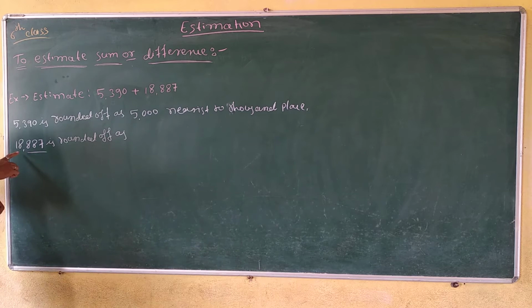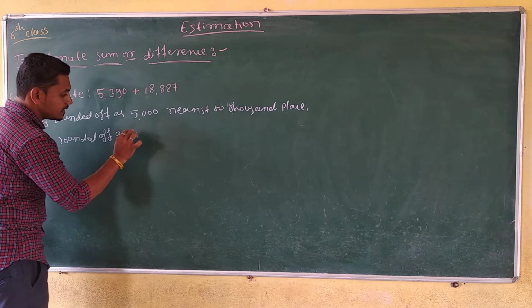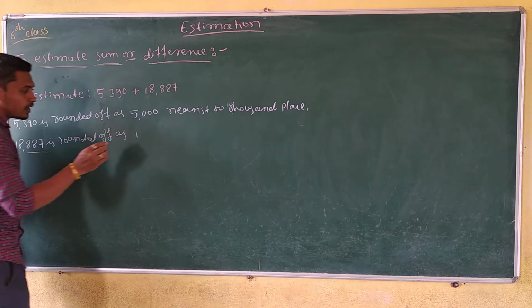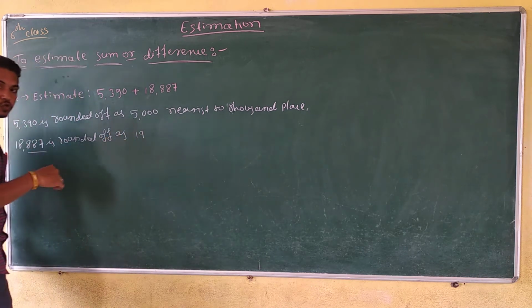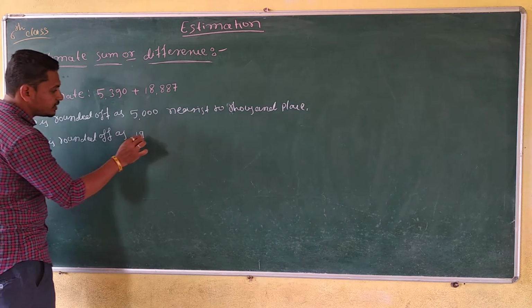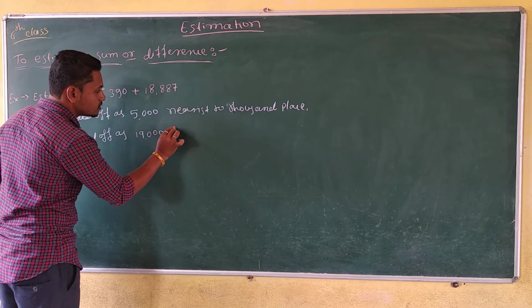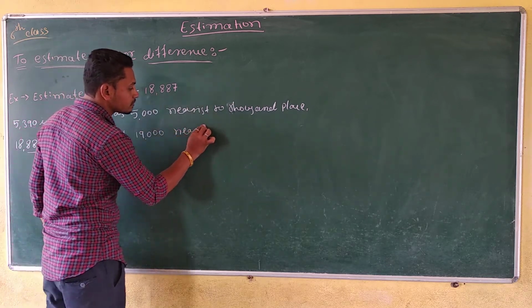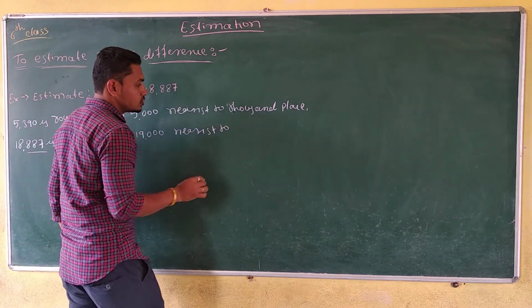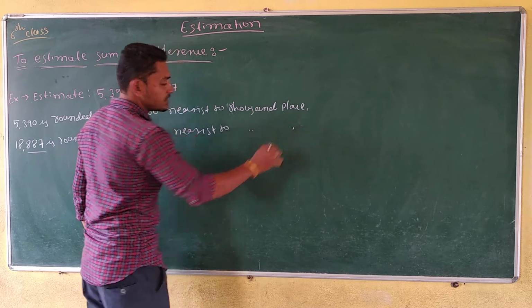So that's why the digit before the 1000 place stays as it is, and in the 1000 place we have to change 8 to 9. So 19,000. Is it right? 19,000 is nearest to the 1000 place.